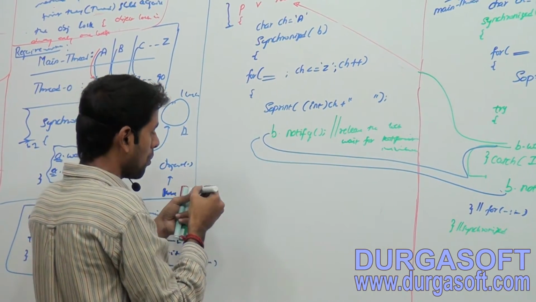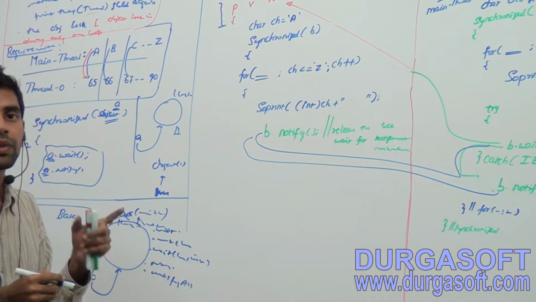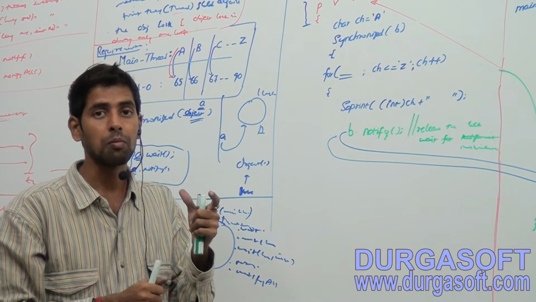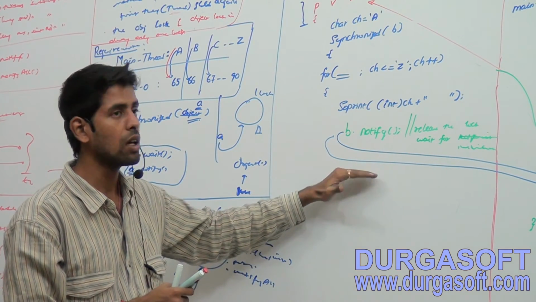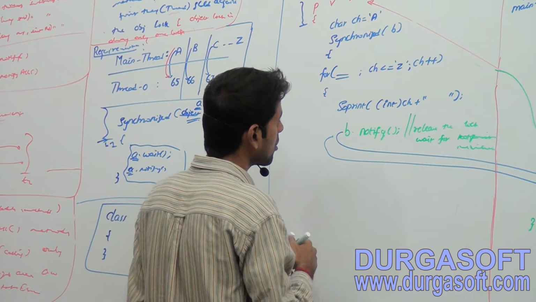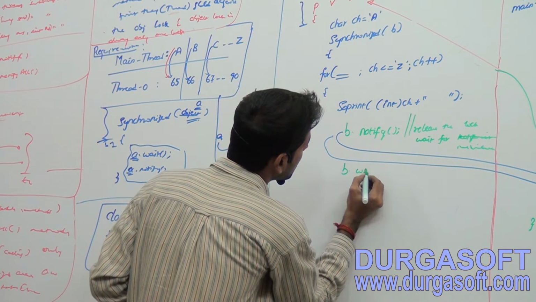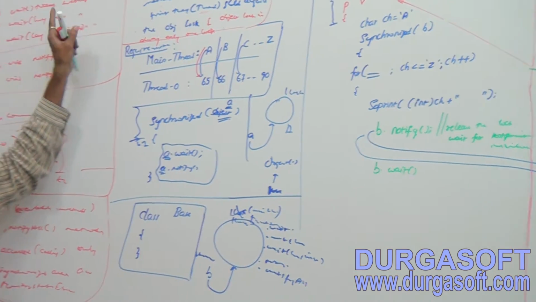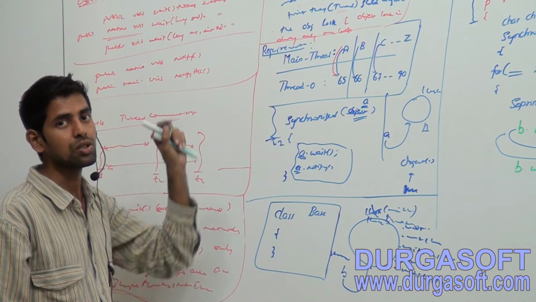Now here what it is going to do means it will wait for updation. It will release once again the lock here. It will release the lock by which method? The b dot wait method. The wait method throws a checked exception. It throws what? A checked exception.